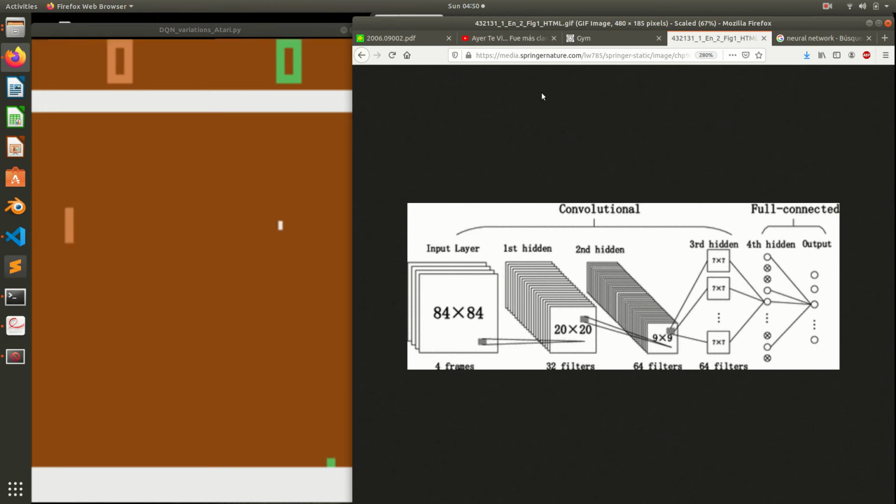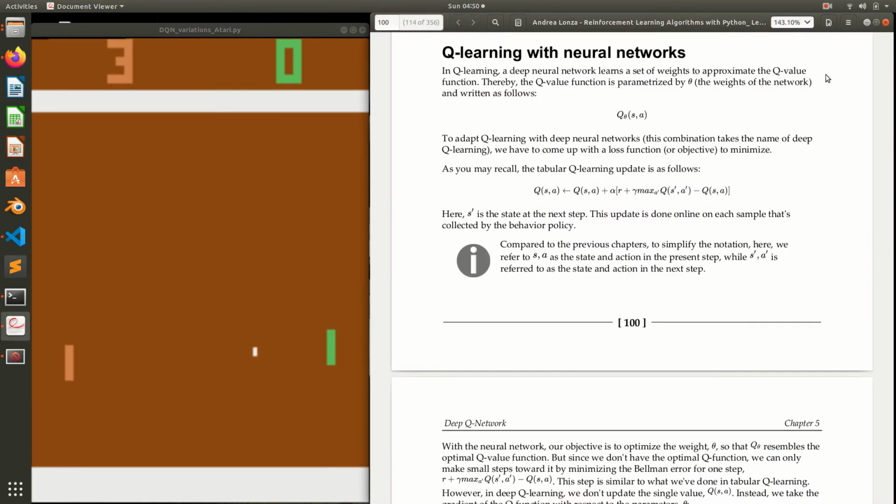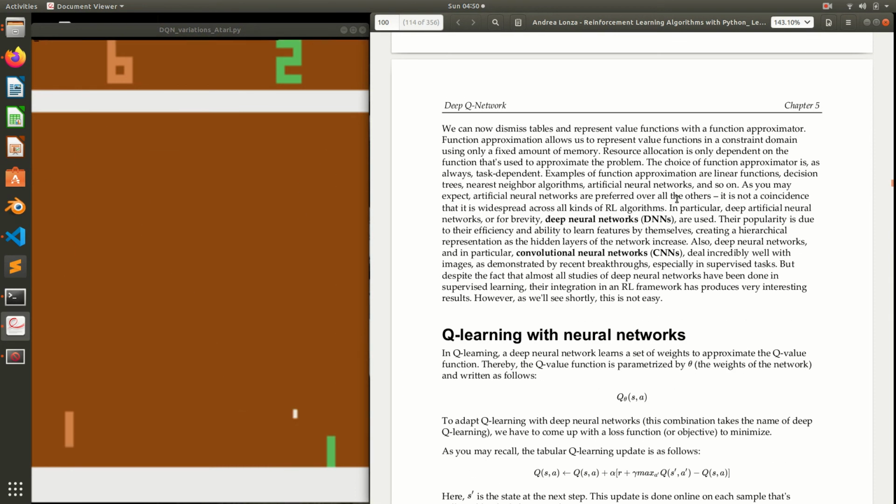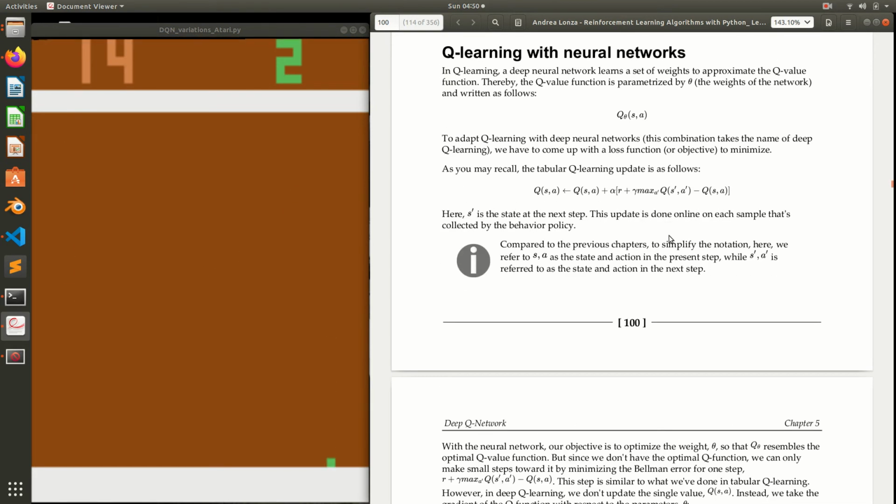So far we saw the architecture of Deep QN. Now these are some equations that we have to take into account to make a Deep Q network.